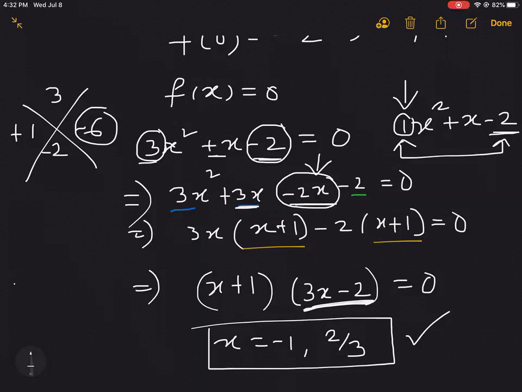All right. Okay. Next, intercepts are there. Okay.